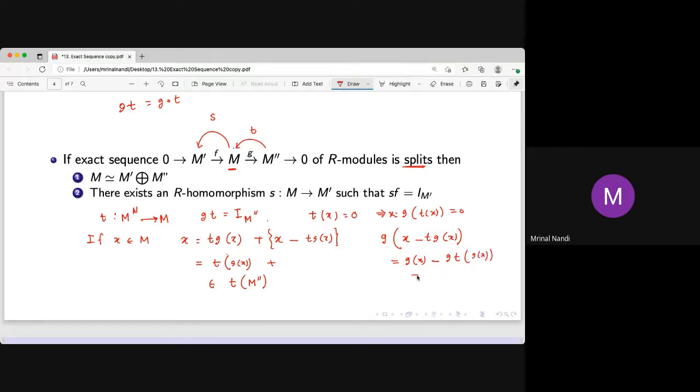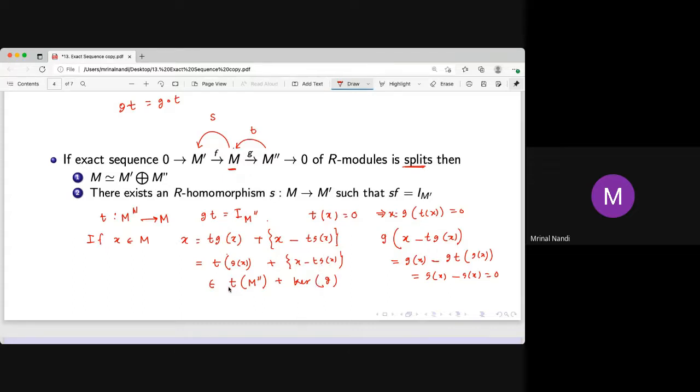GT is identity, so Gx minus Gx is 0. That means this part is actually in the kernel of G. So any element of M can be written as a sum of two elements: one belongs to T(M''), and another is in the kernel of G.